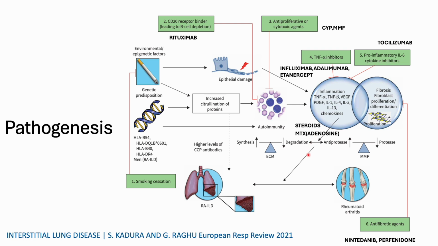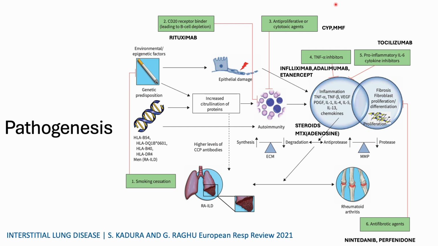There's an increased synthesis and deposition of extracellular matrix and metalloproteinases, and all of this will result in development of ILD and pulmonary fibrosis. In the synovial lining also, these fibroblasts can play a similar role in the pathogenesis of joint manifestations of rheumatoid arthritis.